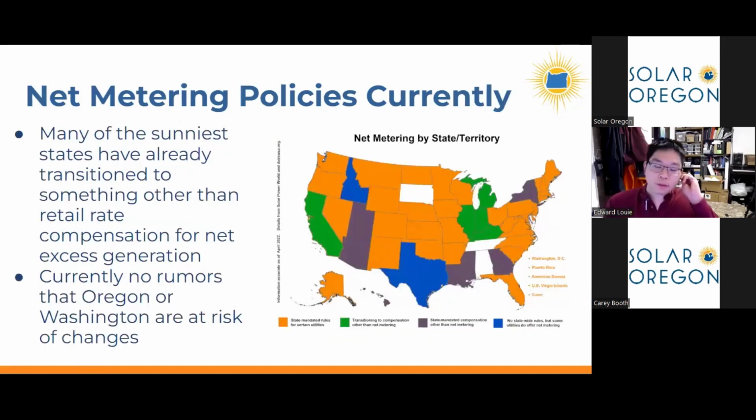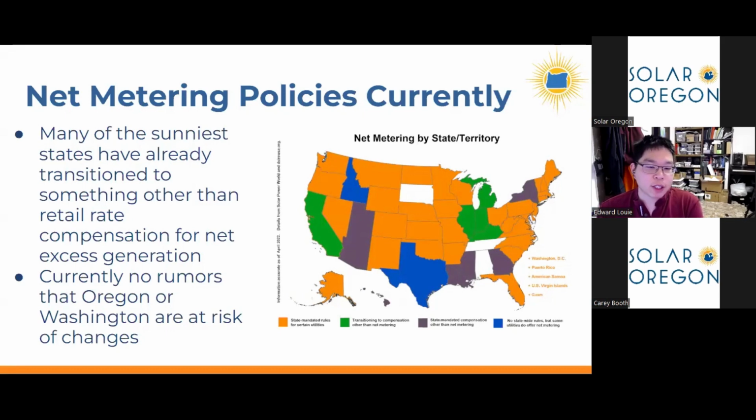And so right now, a lot of states that are really sunny have already transitioned to something other than retail rate net metering. Currently in Oregon and Washington, pretty much all those orange states, what you're allowed to do is retail net metering.